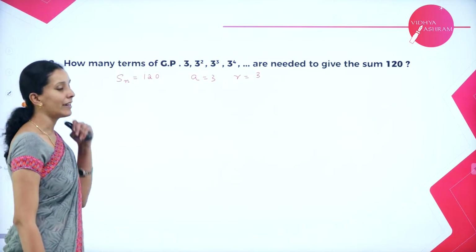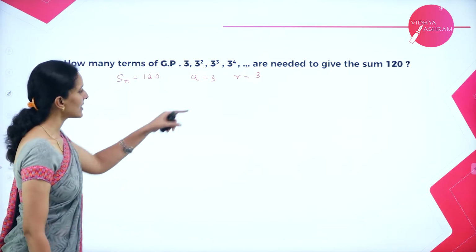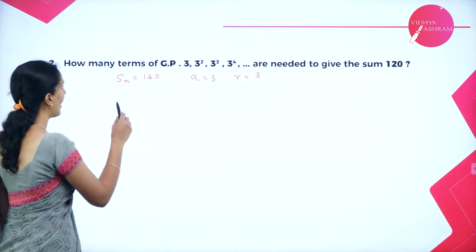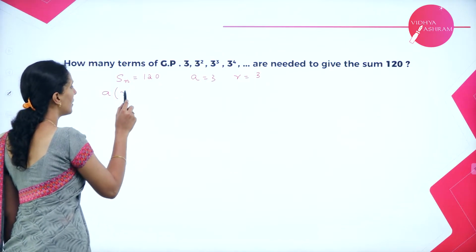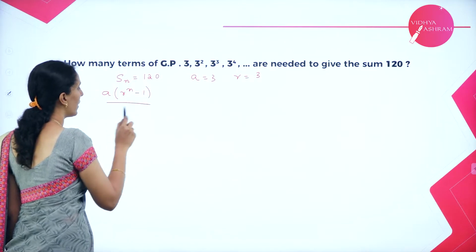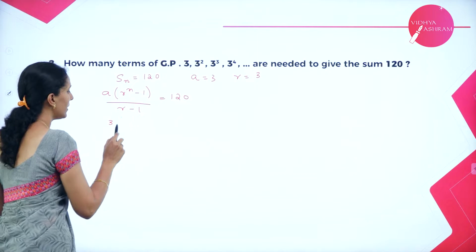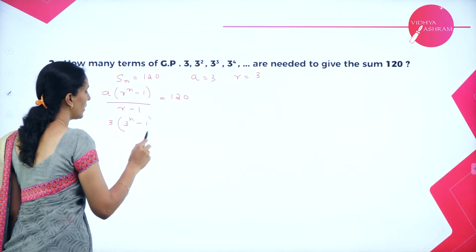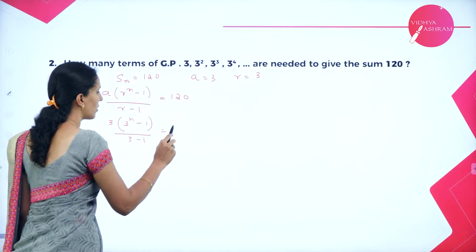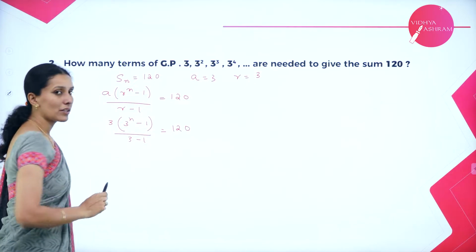Now they have given Sn is equal to 120. Since my R is greater than 1, I can write this as A into R to the power n minus 1 divided by R minus 1 is equal to 120. So here 3 power n minus 1 divided by 3 minus 1 is equal to 120. 3 minus 1 is 2.